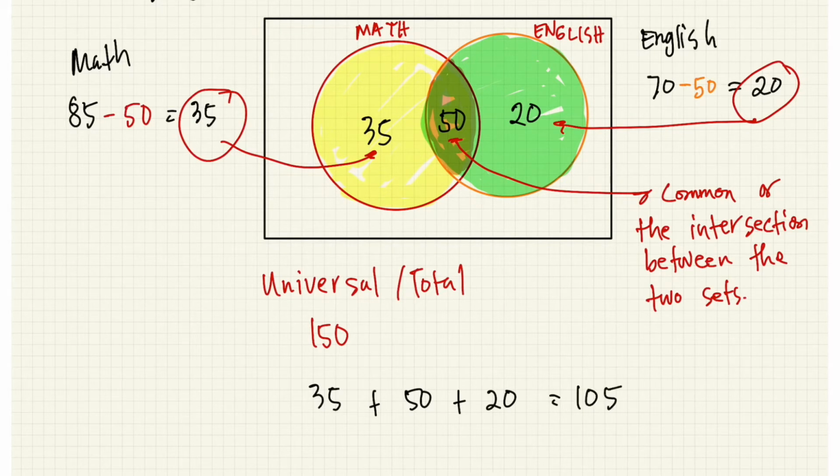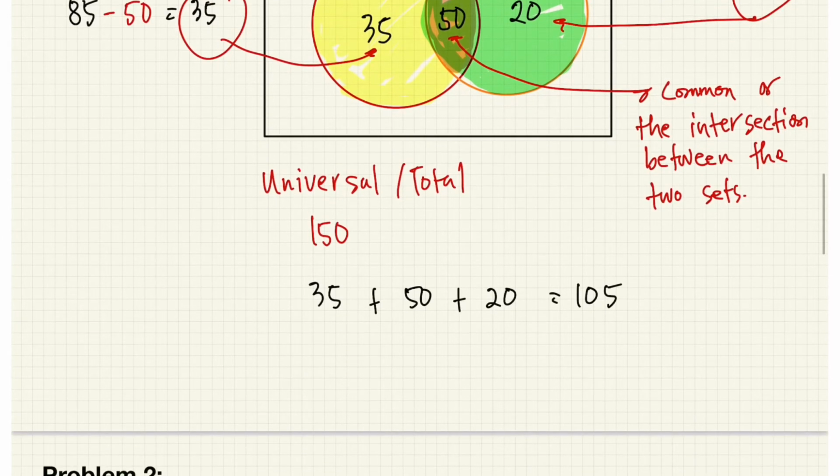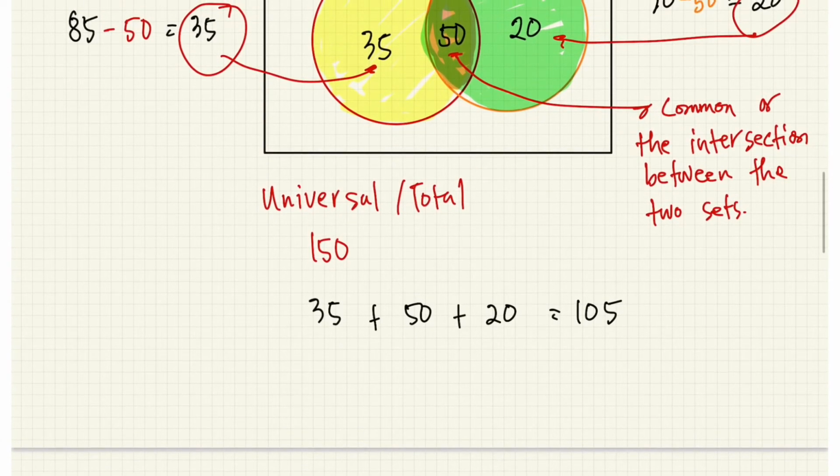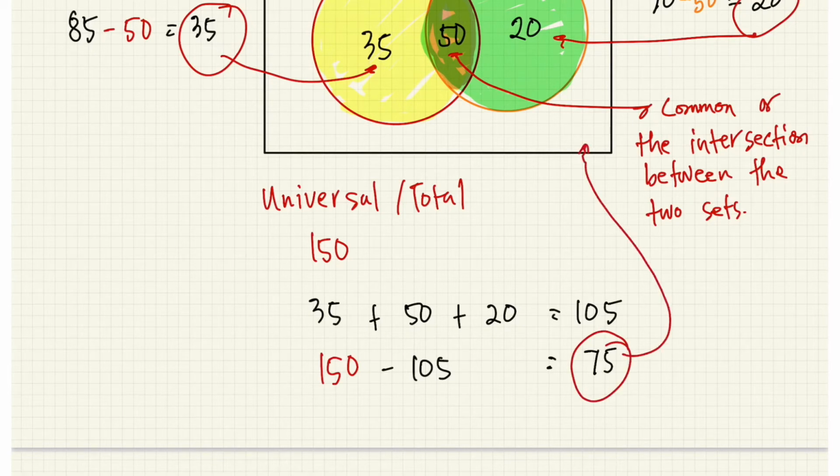105. Alright, then we use this 105 to subtract, so we're going to write here 150, minus 105, the answer would be 75. So this 75 here is the extra one, we're going to write it outside, so therefore this one here is equal to 75.